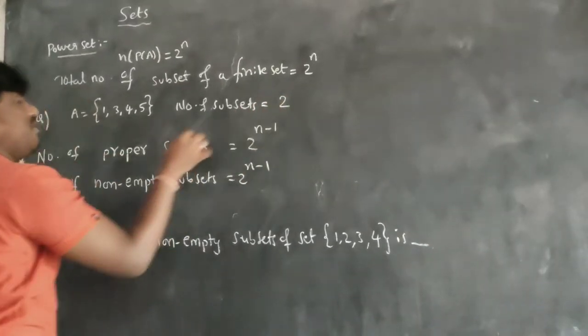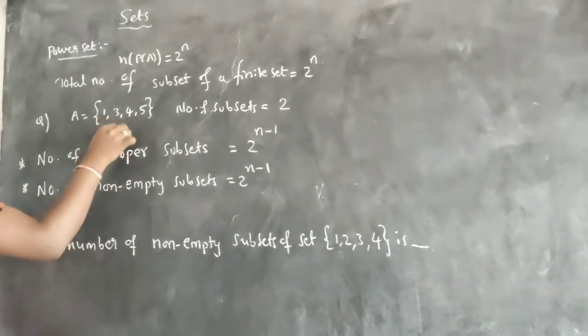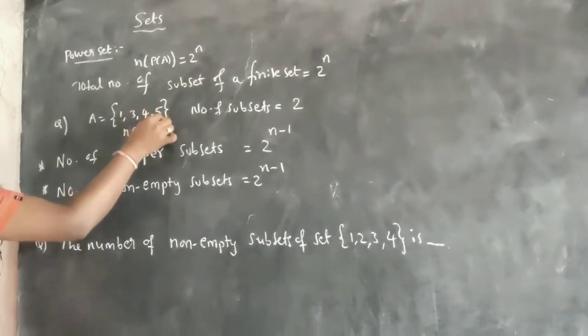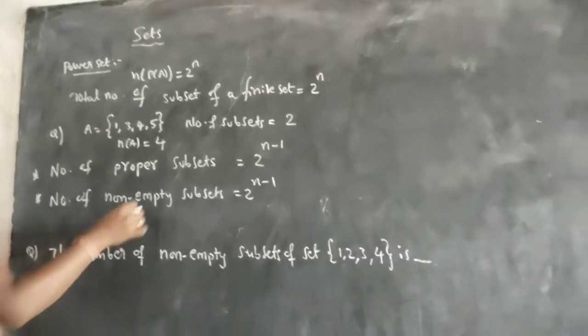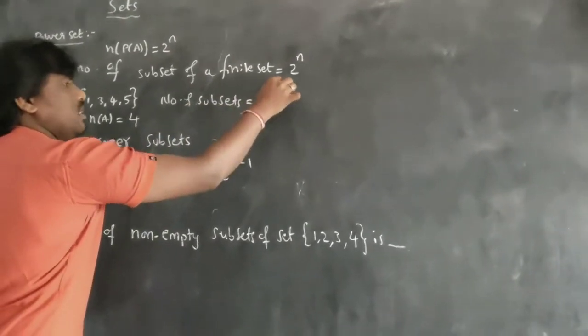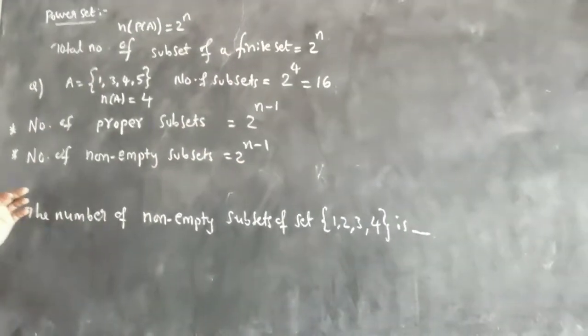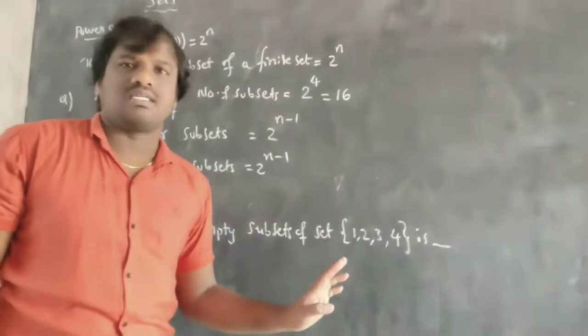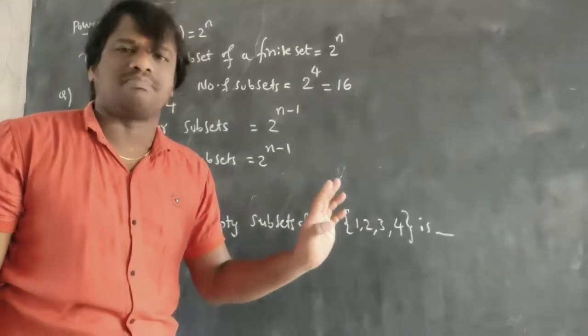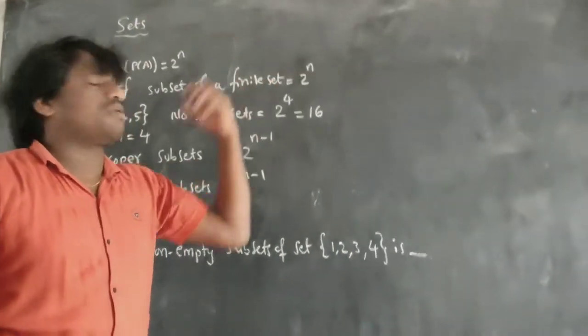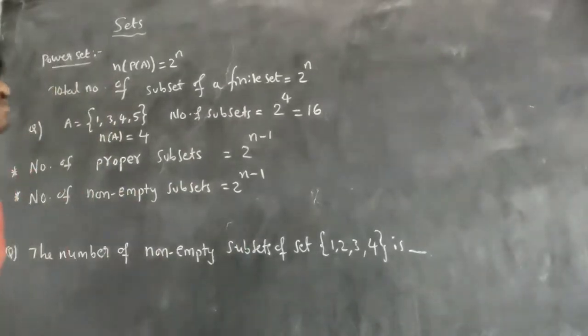That is 2 to the power of the cardinal number of A, counting 1, 2, 3, 4. 4 elements are there, so the number of subsets will be 2 power 4, which is equal to 16. In the previous lecture I told you what a power set is, and I gave this formula already, I am just recalling it once.